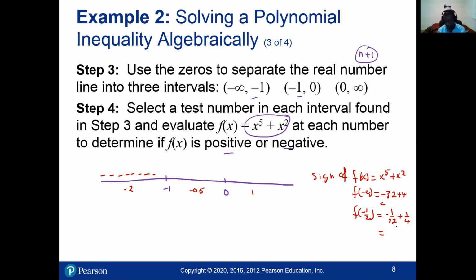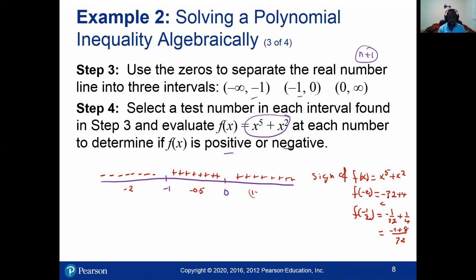The denominator is 32, and the numerator is minus 1 plus 8. That's going to be positive. So this part is positive. And if x is 1, that is also positive.